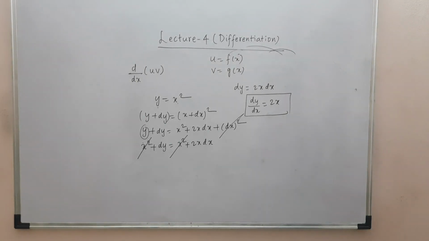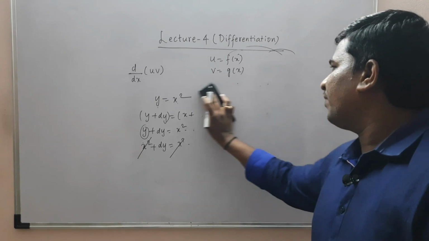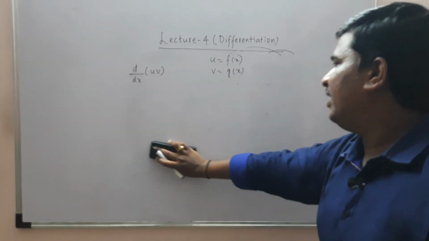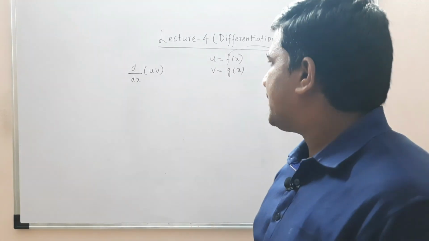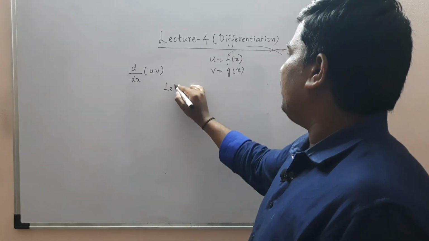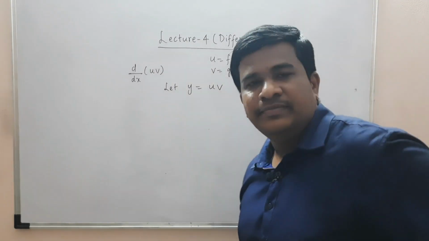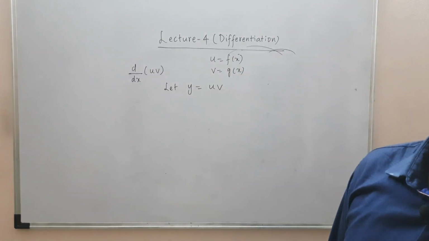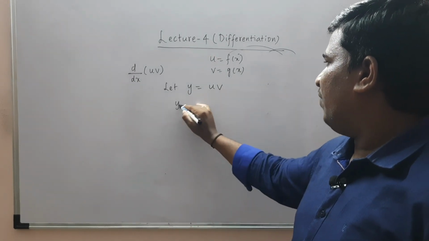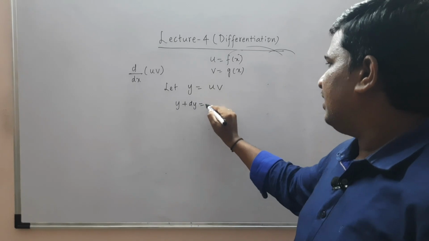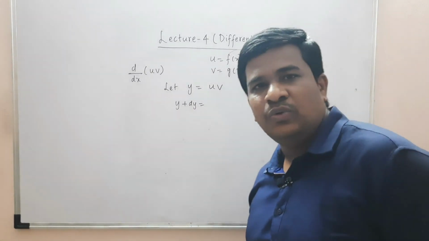Now I proceed in the same way here. So d by dx of uv, what we have to do? Let y equal to uv. So when y equal to uv, I write y plus dy. A small quantity is added to y.